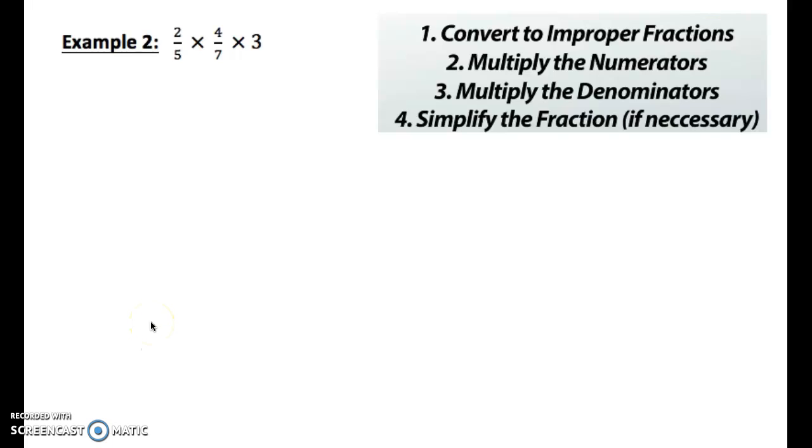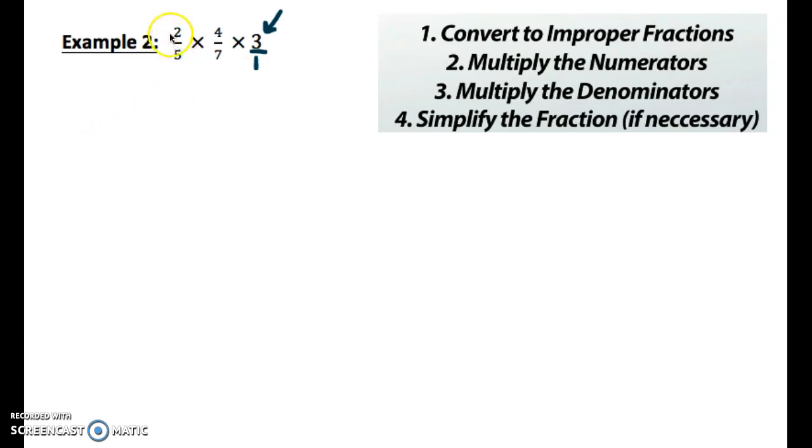For a second example, we're going to look at 3 multiplications, and notice that in this example, one of the numbers is not a fraction. So we're going to follow our 4 steps again, but before we do, we're going to rewrite 3 as a fraction. And the way you rewrite a whole number as a fraction is by putting it with the denominator of 1.